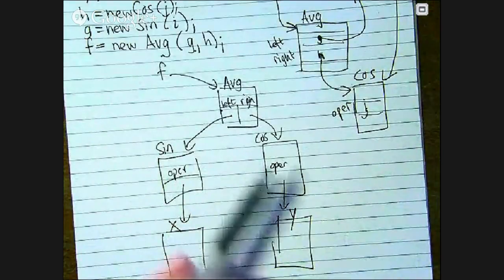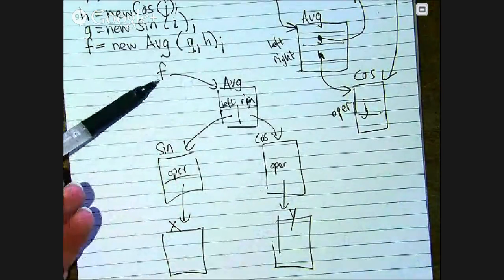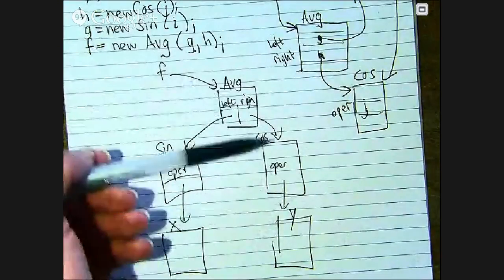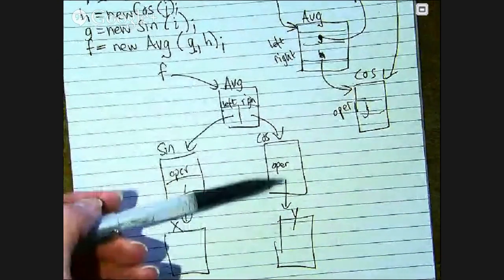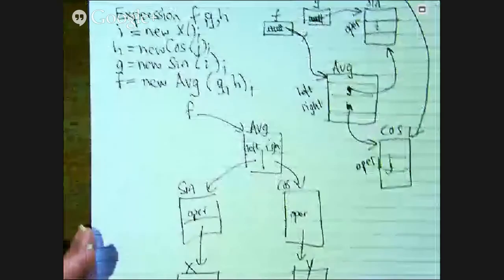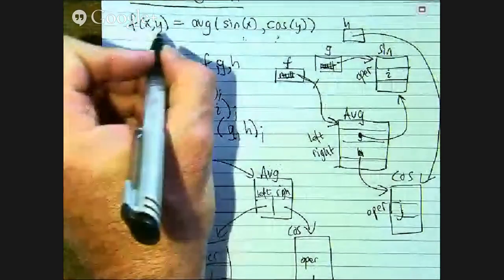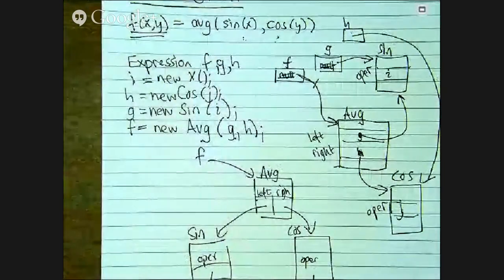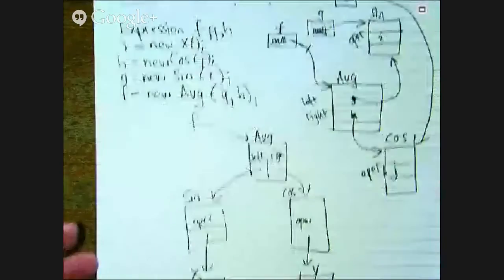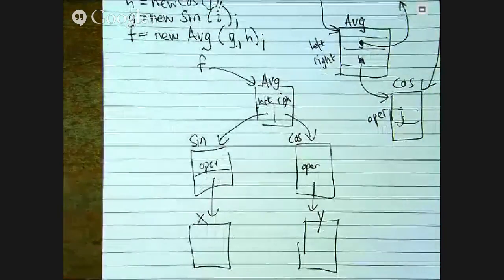So now, F is pointing to this whole tree, which represents my original function fx. There we go. I've just created objects, instances, to represent that function.